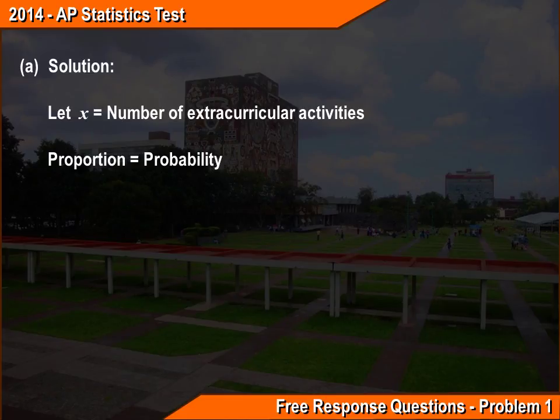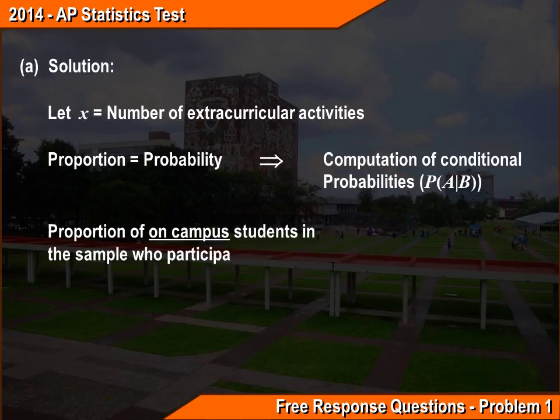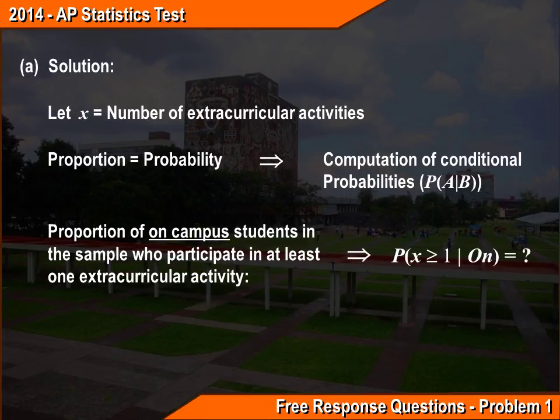So the computation of these proportions are the computation of conditional probabilities. The first one, the proportion of on-campus students in the sample who participate in at least one extracurricular activity, is the conditional probability that x is more or equal than 1 given that the students live on campus.